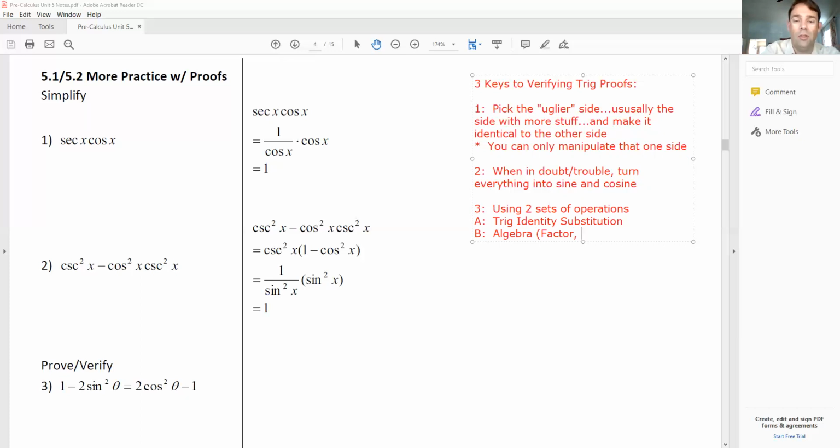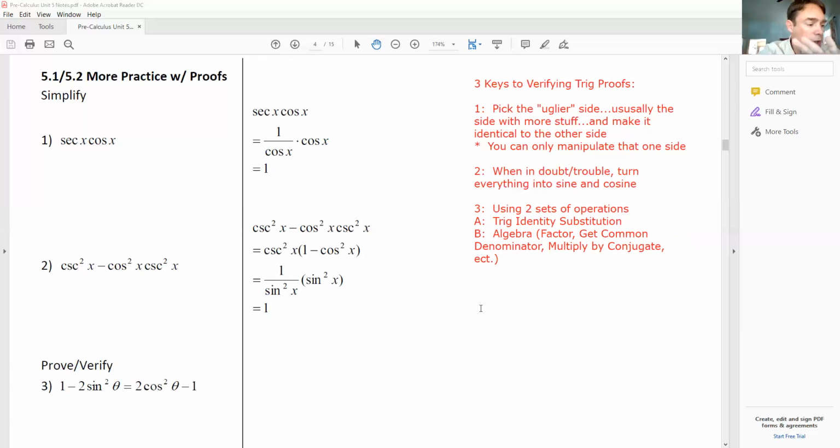Don't forget to get common denominators. Don't forget to multiply by conjugates. And again, just other different types of things you possibly could do.